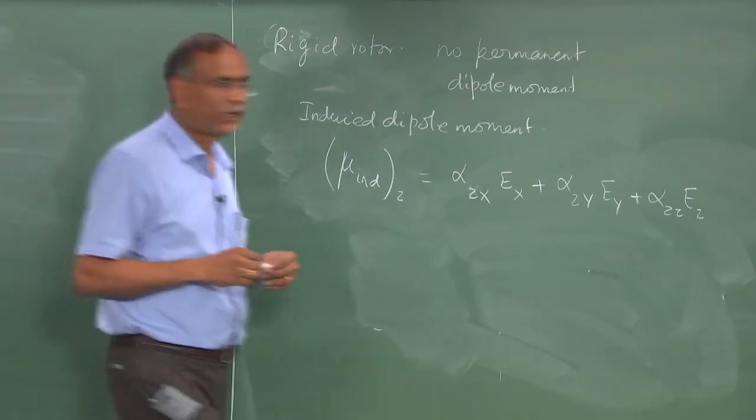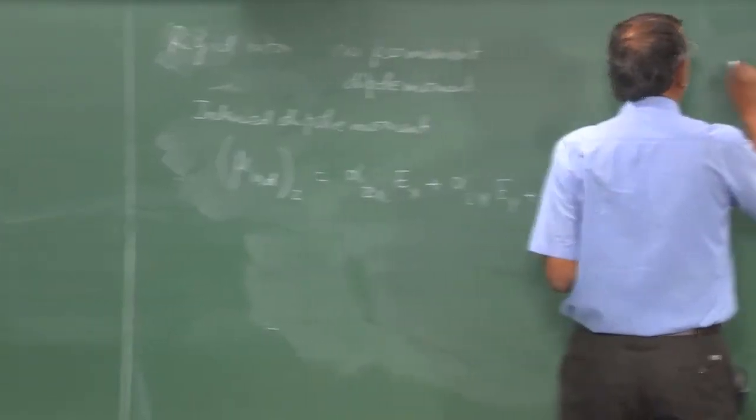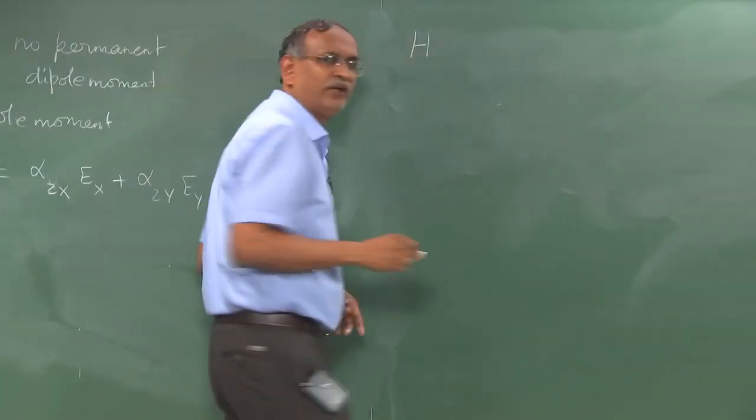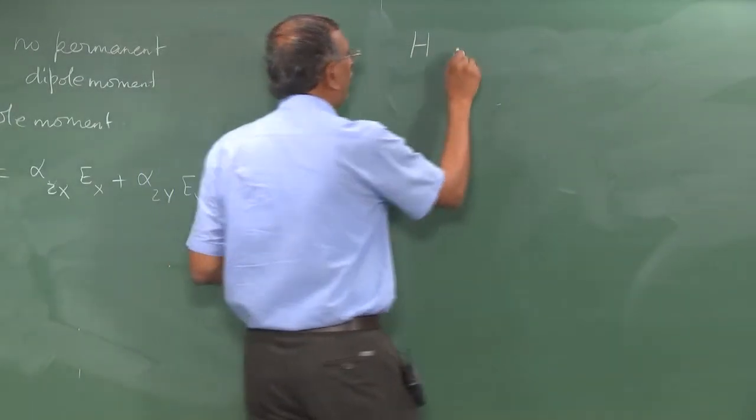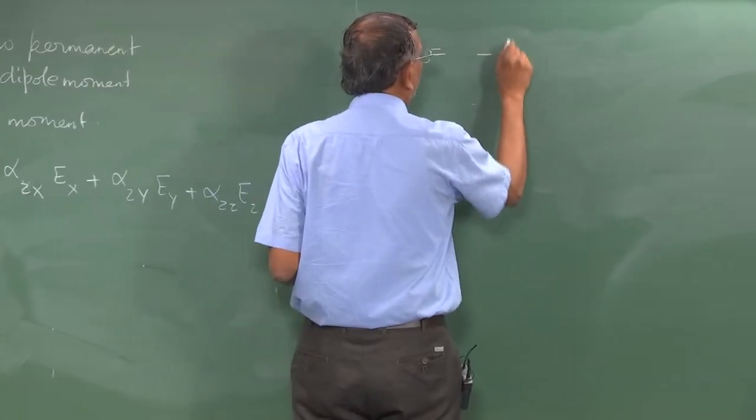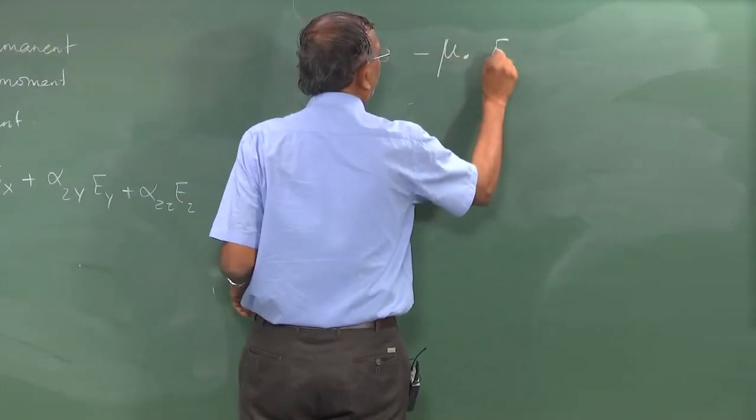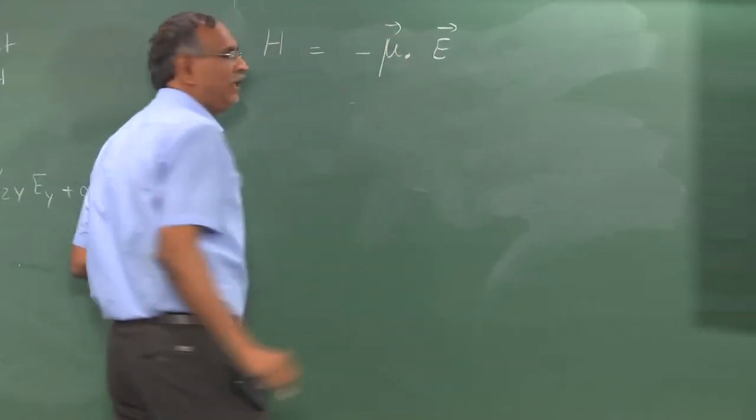Earlier, when we studied microwave spectroscopy, the Hamiltonian that we were worried about had the interaction with the external electric field, mu dot E. It is a scalar.